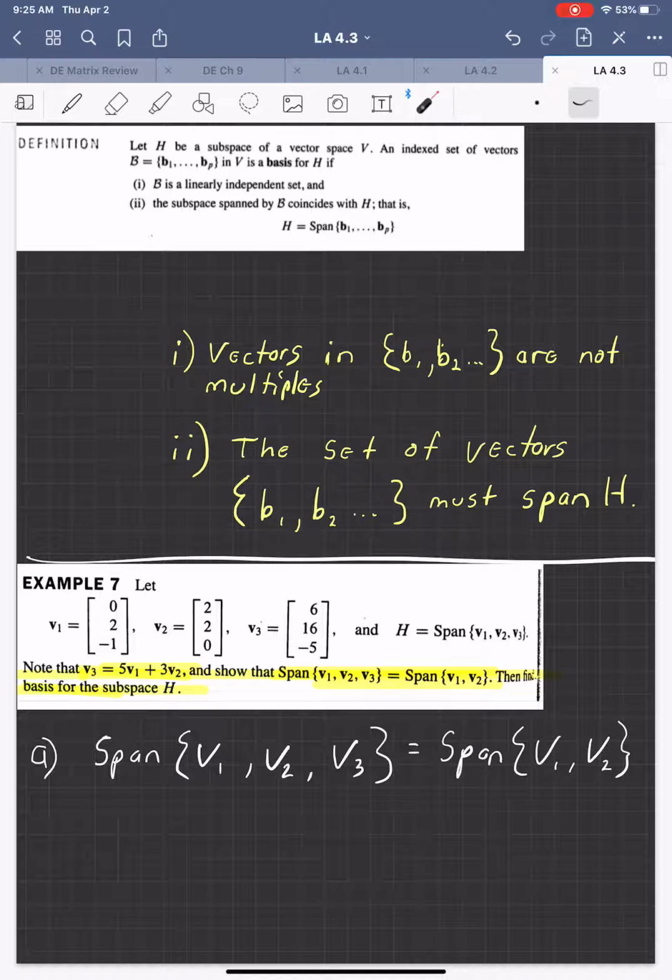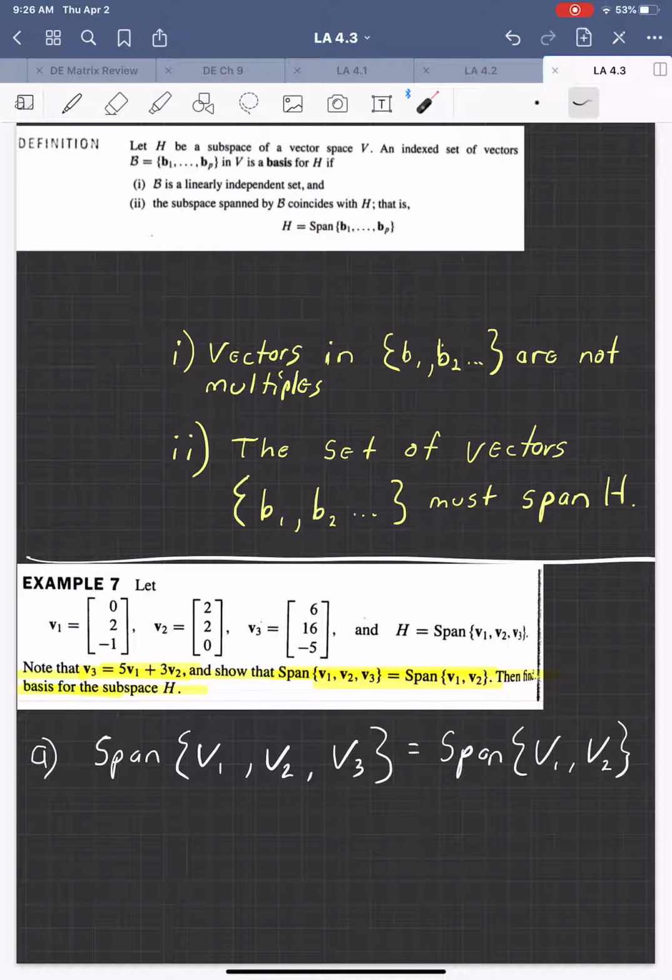And two, the subspace spanned by that set of vectors B has to coincide with H. What that really means is, when you take the span of your basis vectors, you better be able to reach every single point in your subspace.